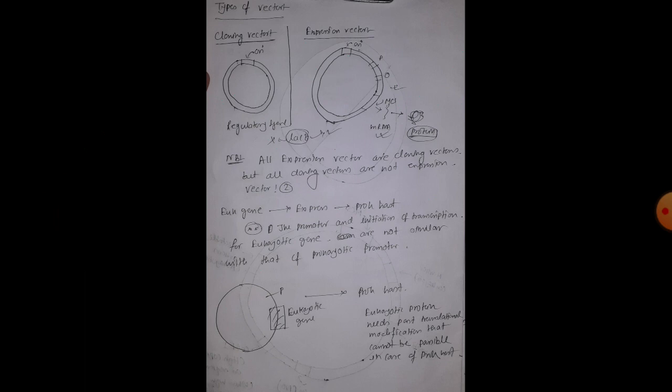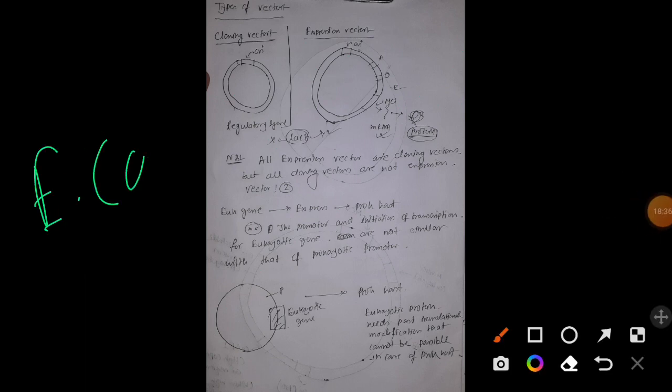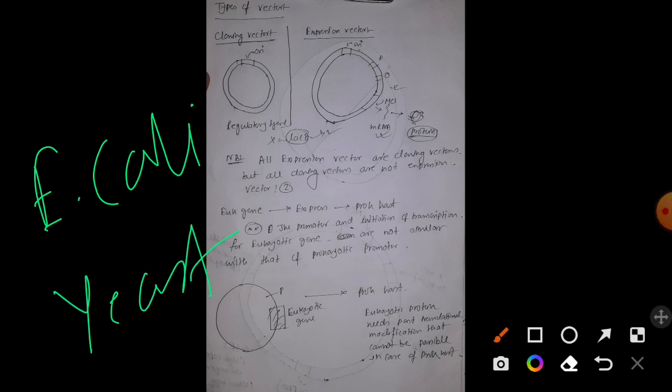So that is the concept of shuttle vector. Shuttle vectors are mostly used when we need to study our gene's expression in yeast. Let's say we have constructed and manipulated the plasmid in E. coli. Now for study we are transferring it inside the yeast.